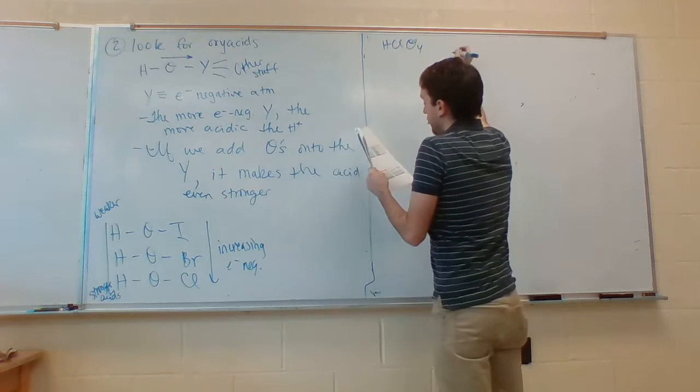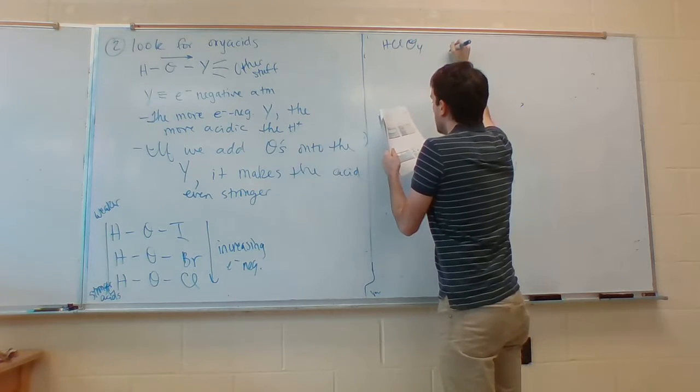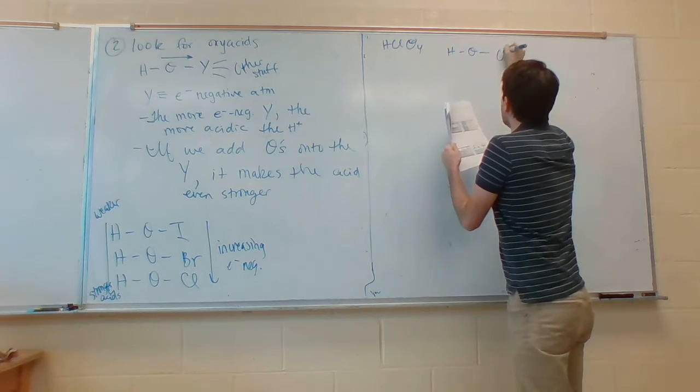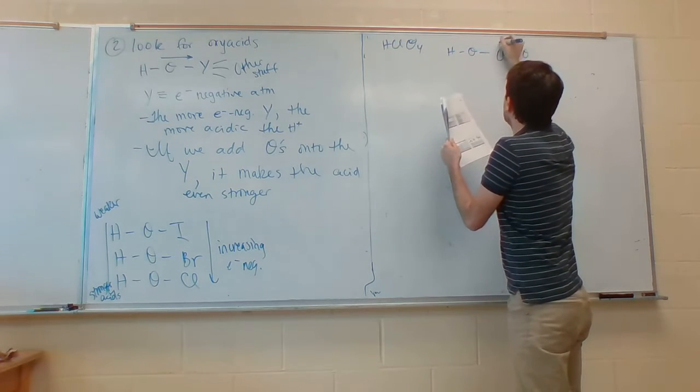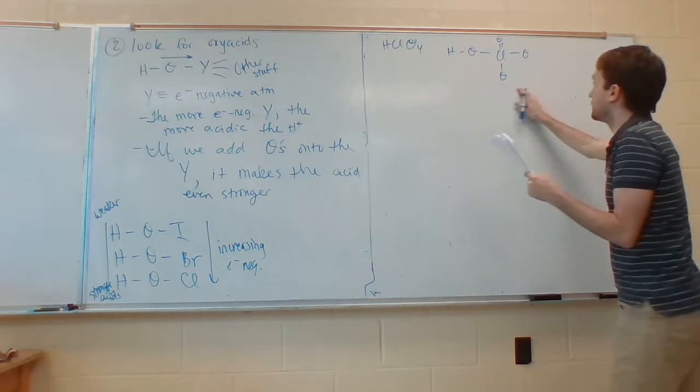Okay? So if I were to draw this, it would be HO, and then I have my Cl, I have one oxygen, I have two oxygens, and I have three oxygens.